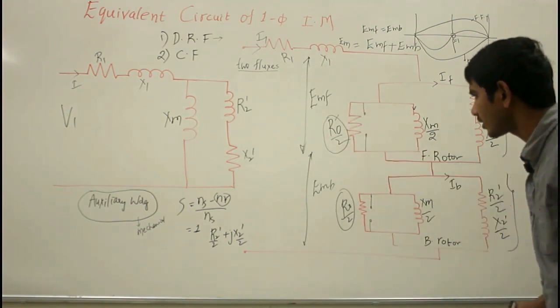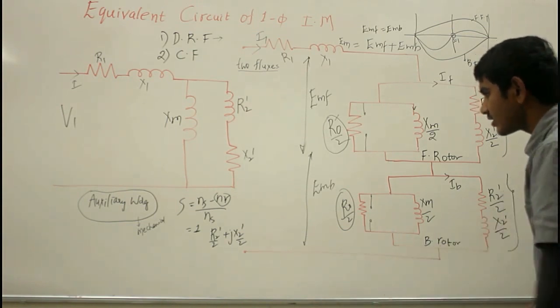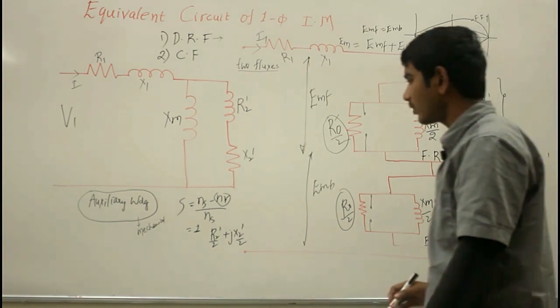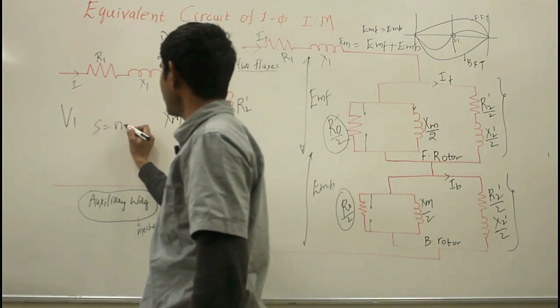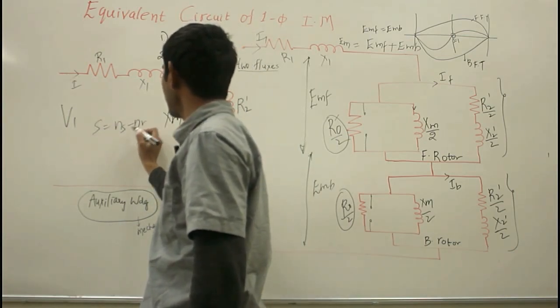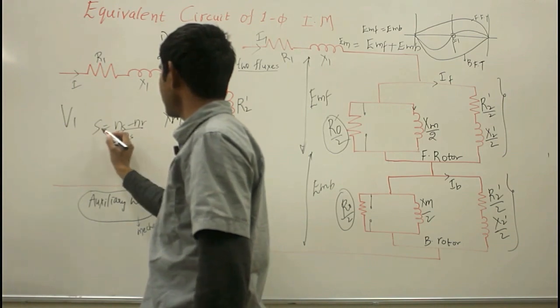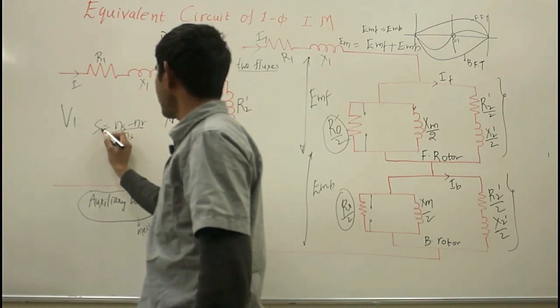So if I consider the slip for the forward field flux, the slip will be equal to Ns minus Nr upon Ns. This is SF.